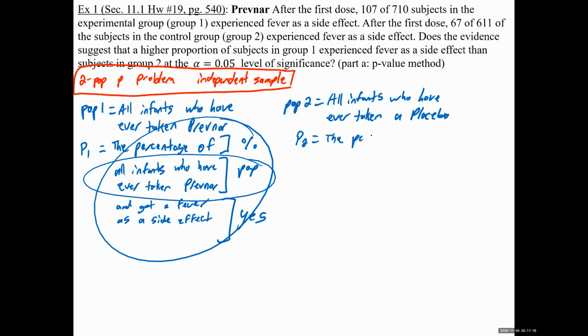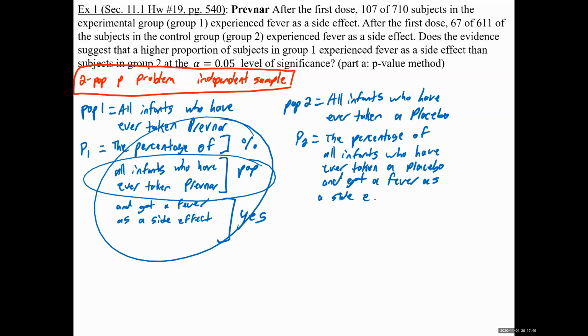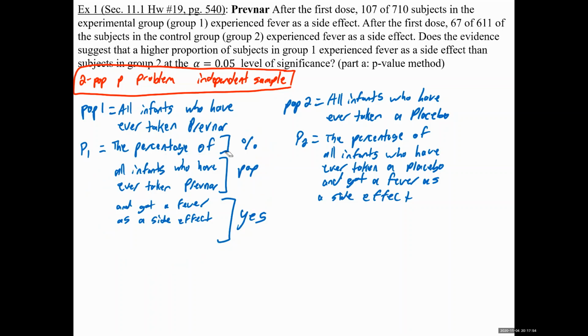This is the percentage of all infants who have ever taken a placebo and got a fever as a side effect. Okay, so you write those things down at the beginning.